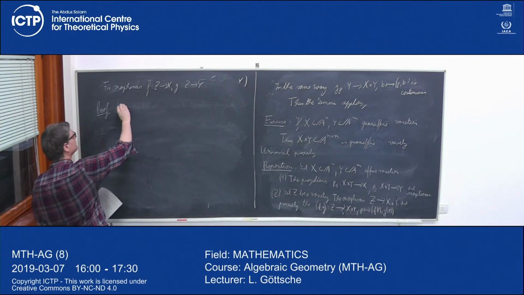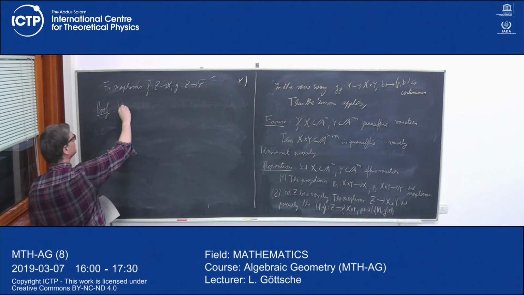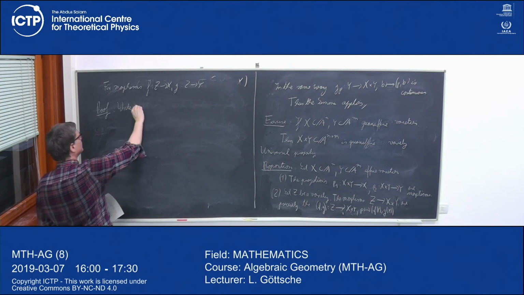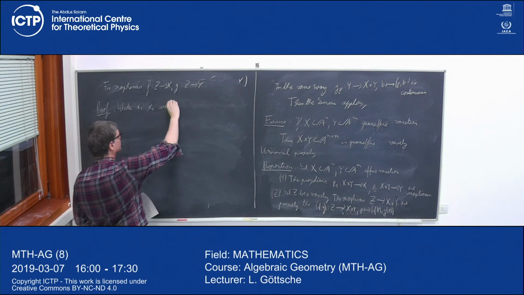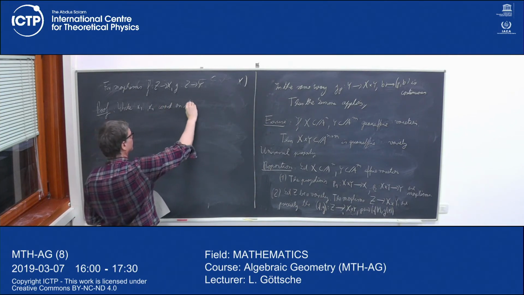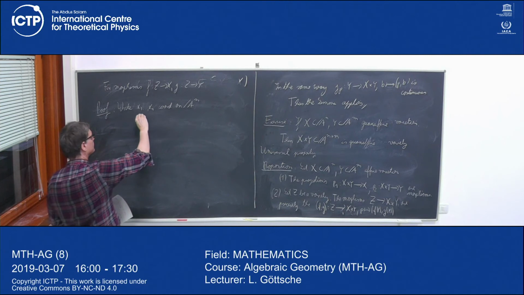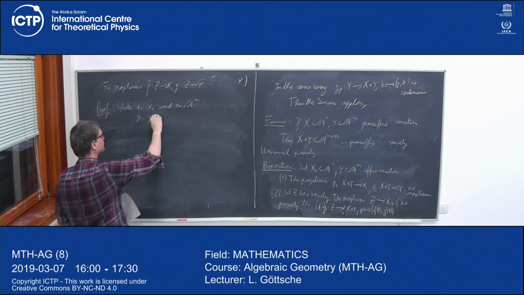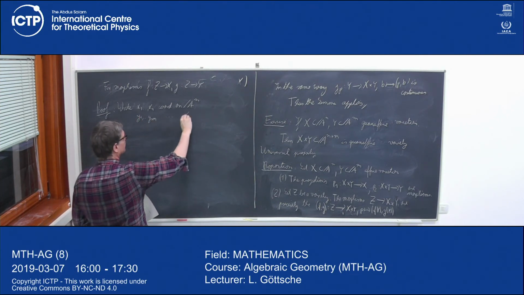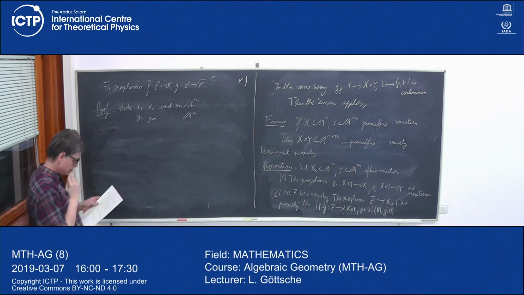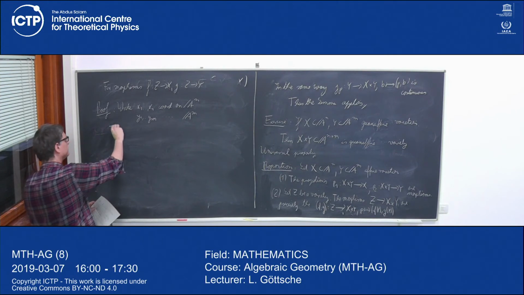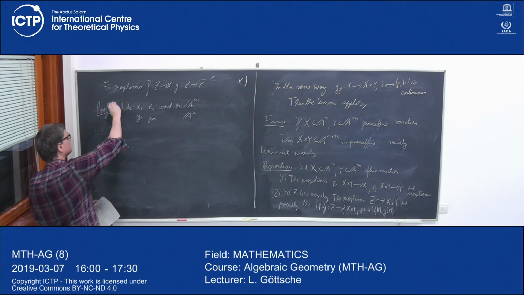So I write, as before, x1 to xn for the coordinates on the first vector space A^n, and y1 to ym for the coordinates on the second vector space A^m. Then, obviously, I do the first one.